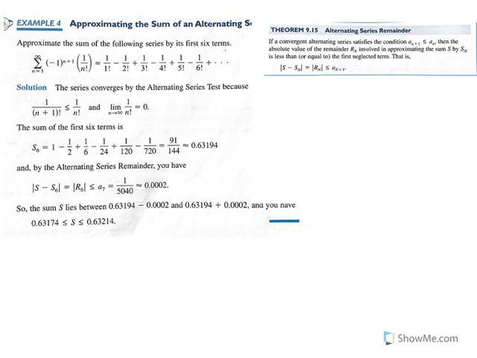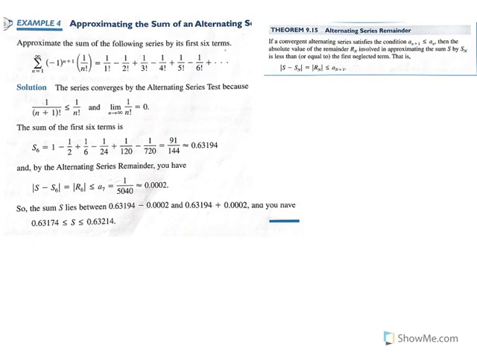And here we have the rule for our series. The nth term is given by negative 1 to the n plus 1, which is of course responsible for the alternation of signs, and then we have 1 over n factorial. N goes from 1 to infinity.